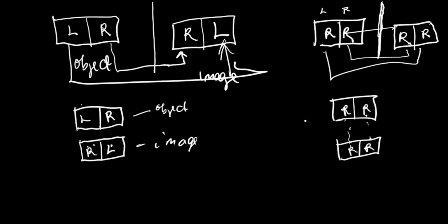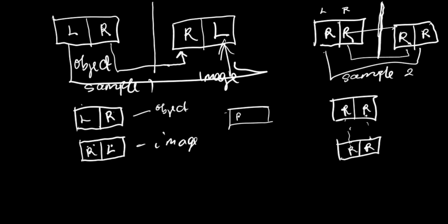Now, take note of the fact that this image, let's call this sample 2 or test 2, and this is sample 1. Now notice that for sample 2, if we draw a line that divides our object into 2, so this is our object for sample 2, it's an R. If we draw a line that divides our object into 2 halves, this is our line of symmetry.